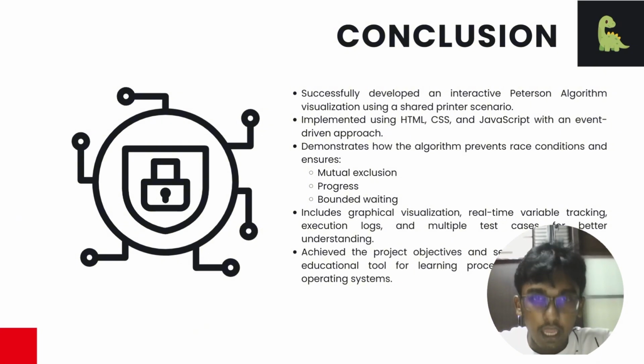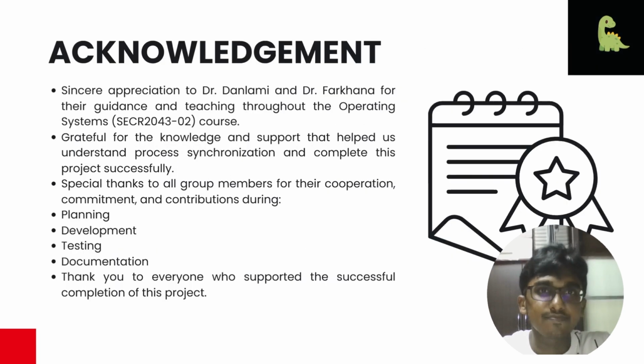To add on, this project also includes graphical visualization, real-time variable tracking, execution logs, and multiple test cases for better understanding. In the end, we have achieved the project objectives, and this project serves as an effective educational tool for learning process synchronization in the operating system subject.